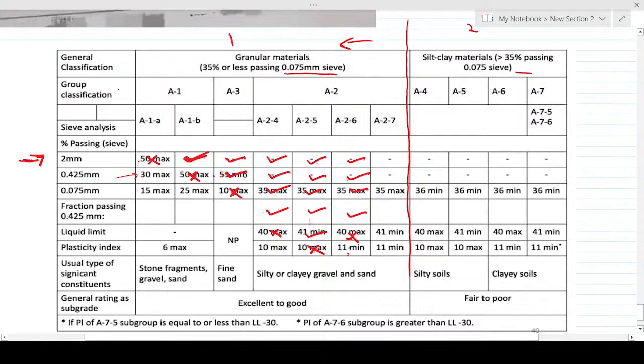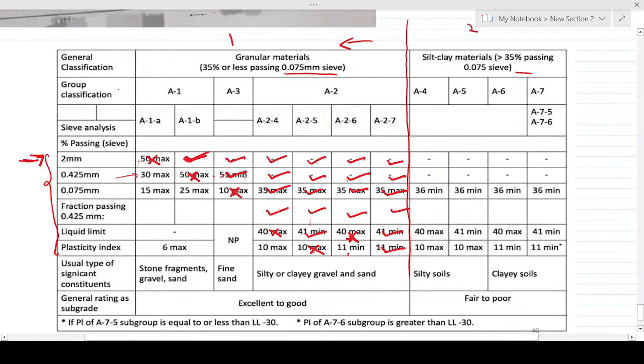So although this side was satisfied, this is not satisfying. So we have to come to the next. Dash, satisfied, satisfied. This was a maximum of 35, and this was 24. So satisfied, satisfied. The liquid limit is 55. The minimum here is 41. So satisfied. Now our PI, we had our PI to be 29 and the minimum is 11. So satisfied. So we are done with the classification scheme, right?